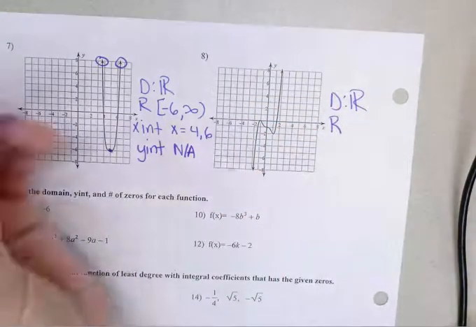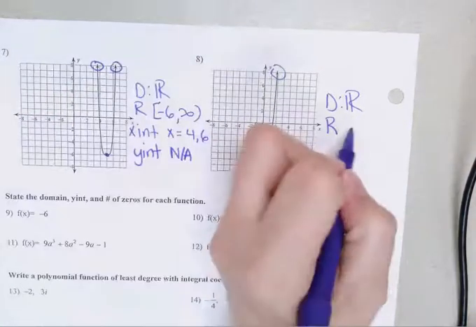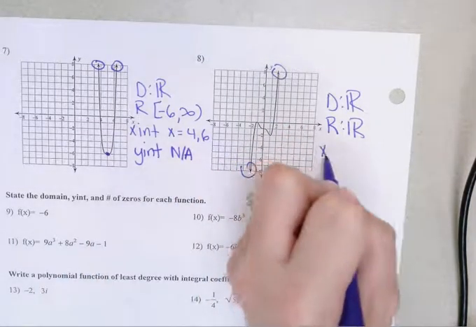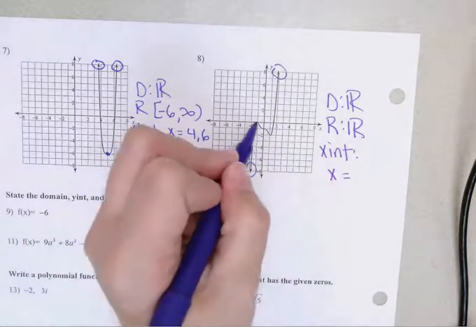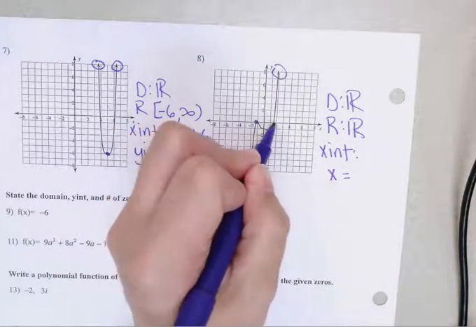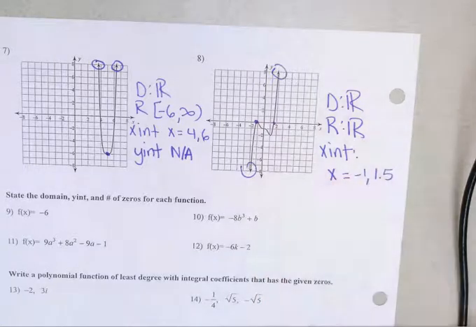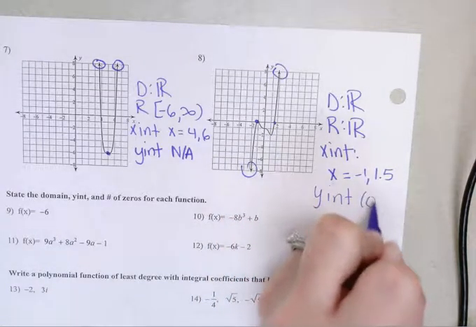Range, there's an arrow going to -infinity and an arrow going to positive infinity. So all real numbers. Your x-intercepts are -1, and I'm going to say 1/2, so -1 and 1.5. And your y-intercept would be 0, -1.